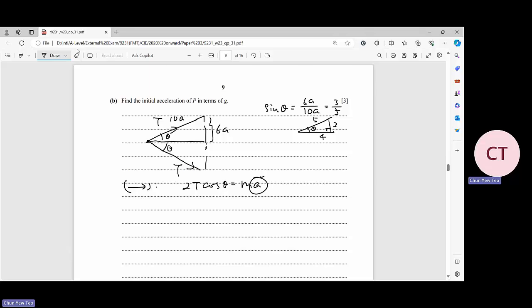I think I will use x double prime over here to represent the acceleration.